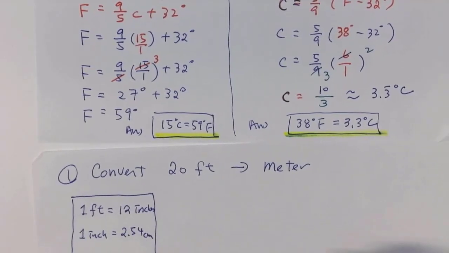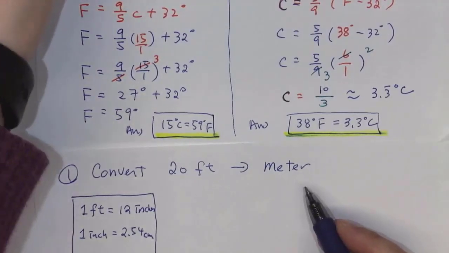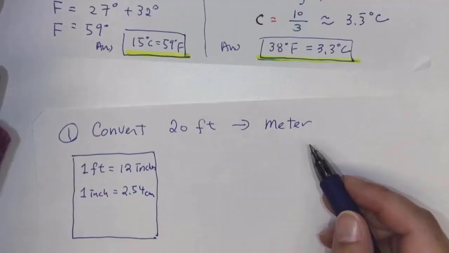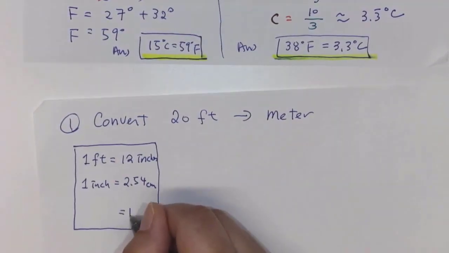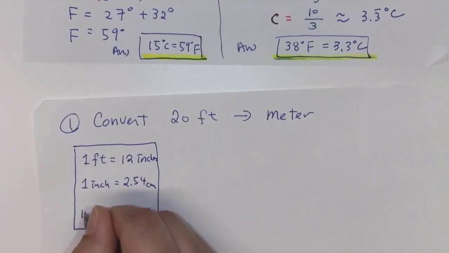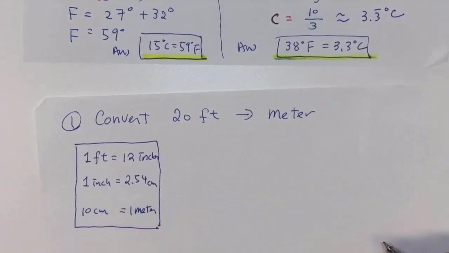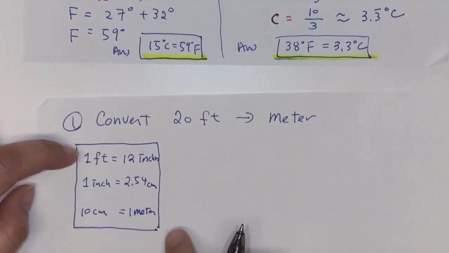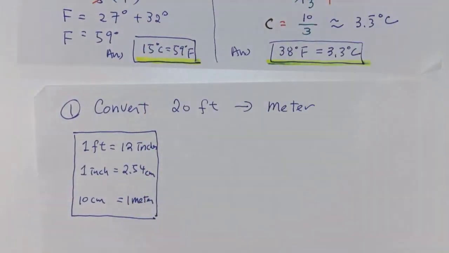Okay, and then how are we going to link it to meters? 1 meter equal to 100 centimeters. So we're going to need to use them to convert, okay? So we found them somehow linked together from feet to meters. It's from this handout, so you need this handout to do your homework.